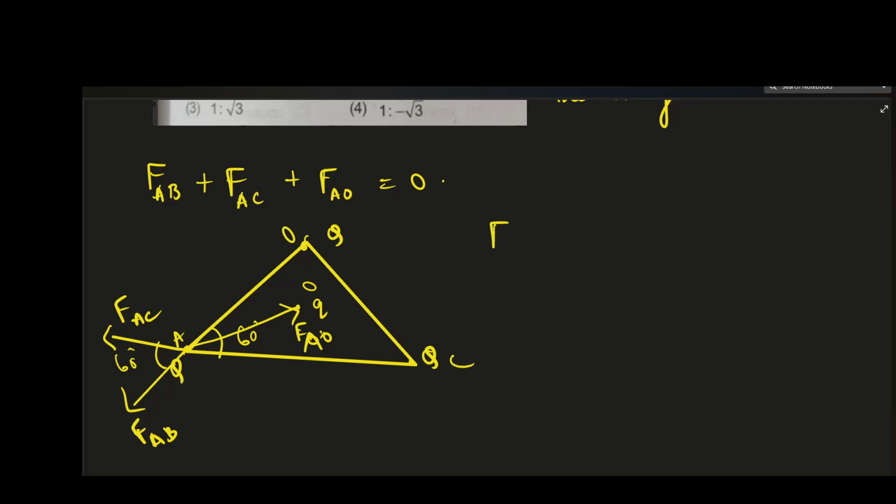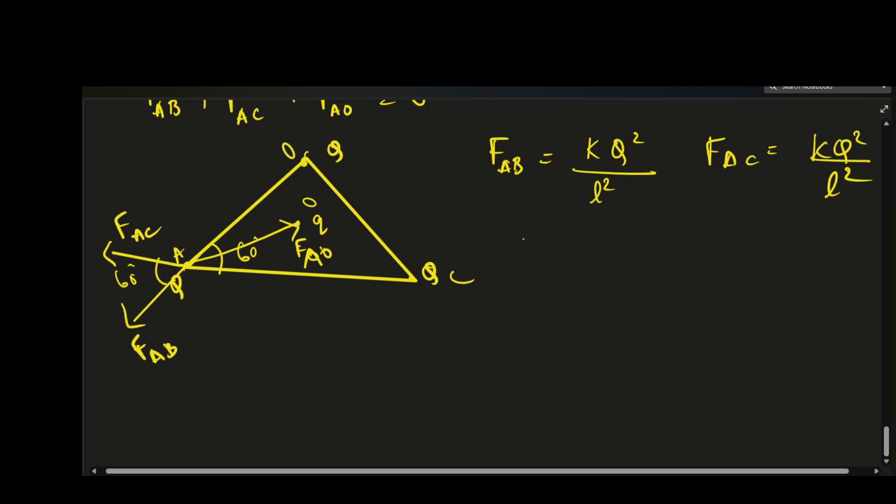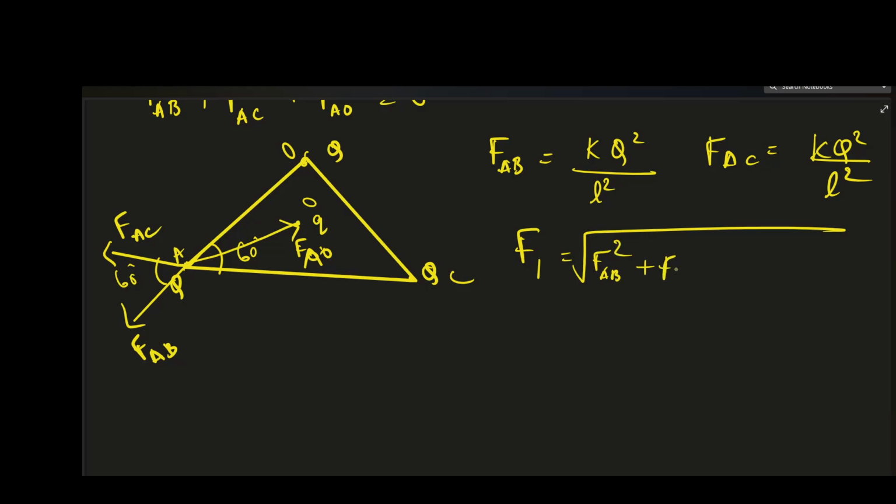Now let us write what FAB is. FAB will be simply KQ square by L square. Similarly, my FAC will also be KQ square by L square. And we have seen that the angle between these two forces is 60 degrees. So the resultant due to these two, let's say F1, will be root of FAB square plus FAC square plus 2 times FAB FAC cos 60 degrees.